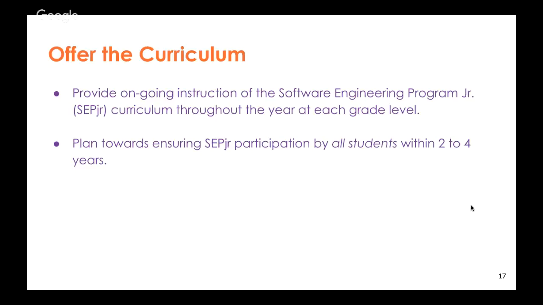So kindergarten, first, second, third, fourth, and fifth, every school year, students are getting computer science, starting with maybe just a unit, but as you develop the capacity, expanding that out to maybe 2 units. And the curriculum is really designed to allow schools flexibility on the units that they choose based on the materials and the staffing and the students themselves, and scheduling.